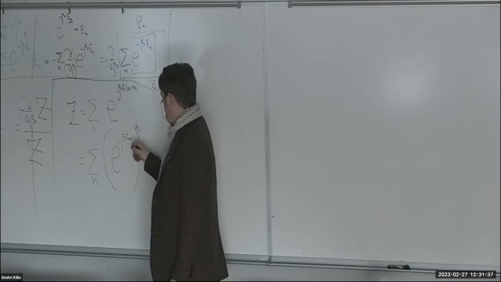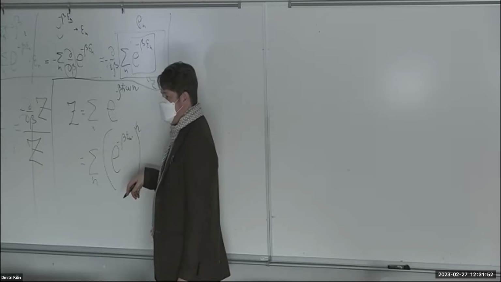Are there any situations when this exponential will be bigger than 1? Probably for very high frequencies and very low temperatures, but generally for low frequency and high temperature, it will be a small number.